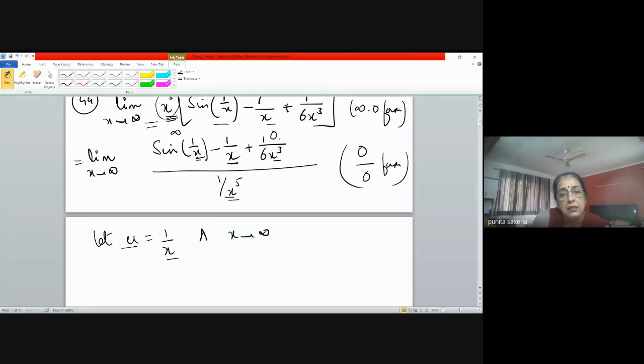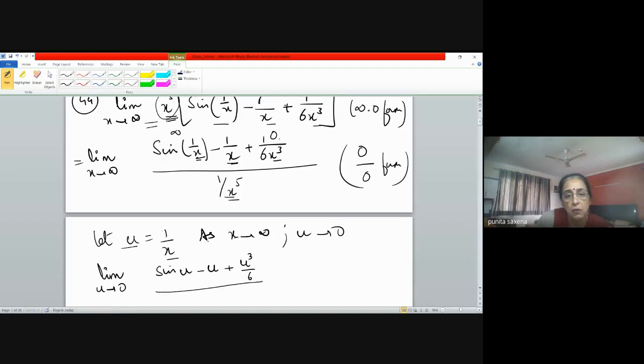And since u is nothing but 1 by x, as x approaches infinity, it's obvious that u will approach 0. And I can rewrite the whole problem as limit u tending to 0 sine u minus u plus u cube by 6 whole upon u to the power 5.